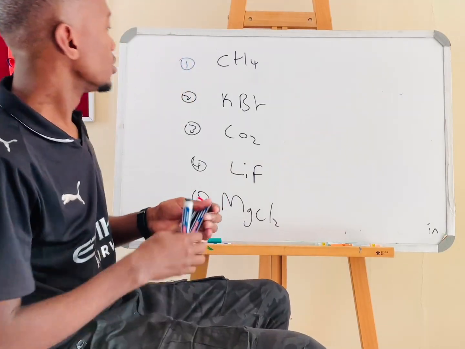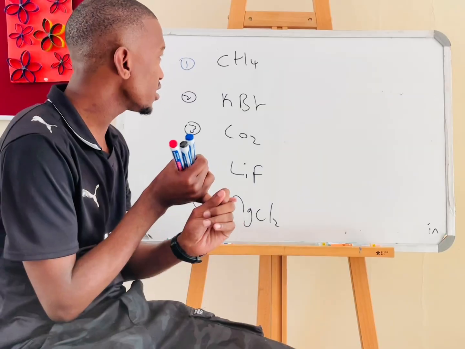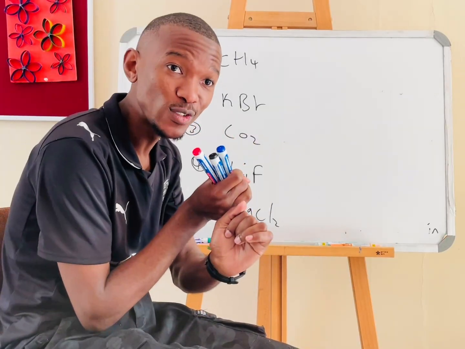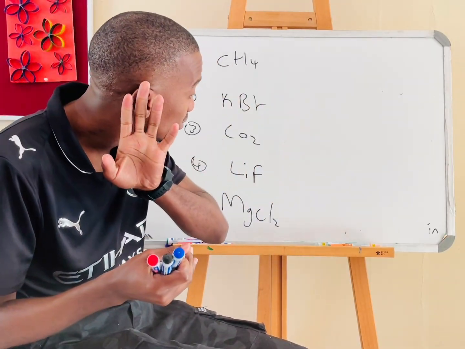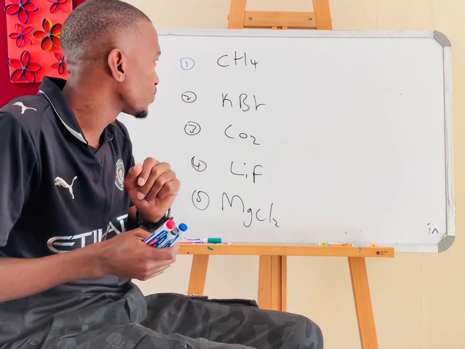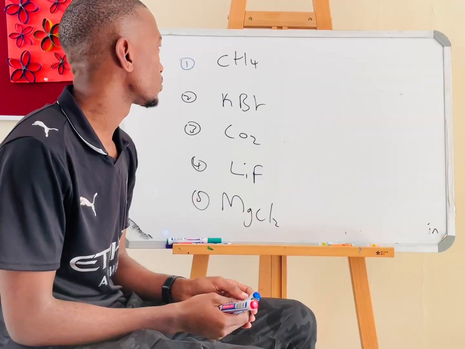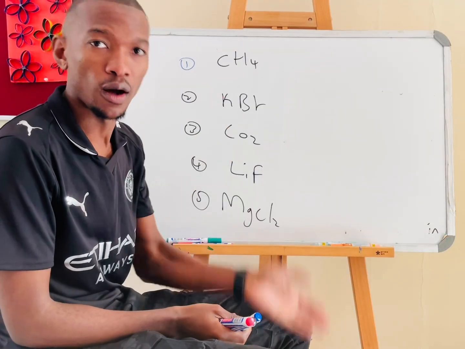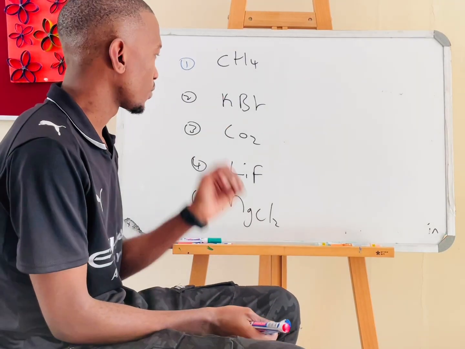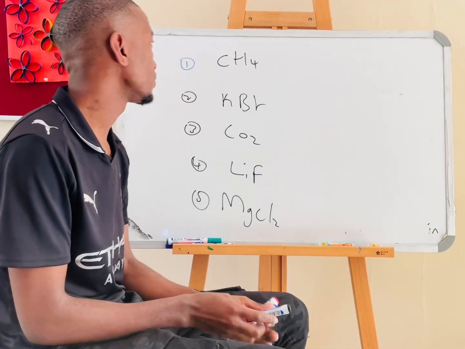All right. So the question says, determine whether the substances are ionic or molecular. The second question says, give the chemical names or common names of these compounds or substances. So number 1, let's identify.